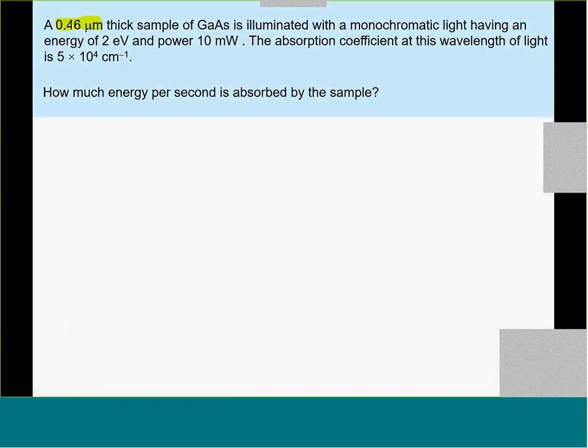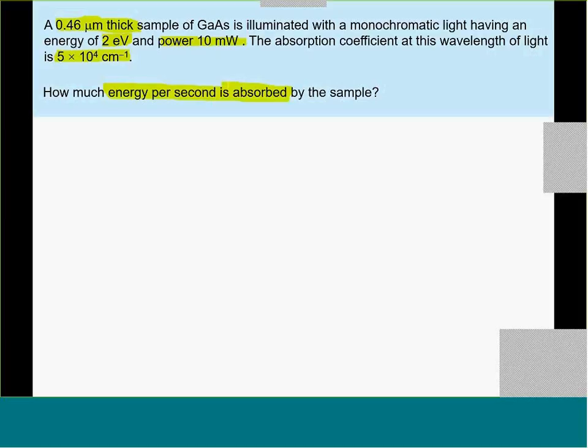This sample of gallium arsenide is illuminated with a monochromatic light having an energy of 2 eV and power of 10 milliwatt. The absorption coefficient at this wavelength of light is 5 times 10 to the power of 4 per centimeter. Then the question is how much energy per second is absorbed by the sample.